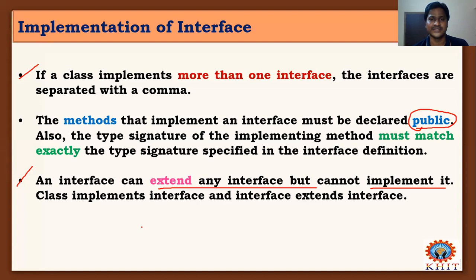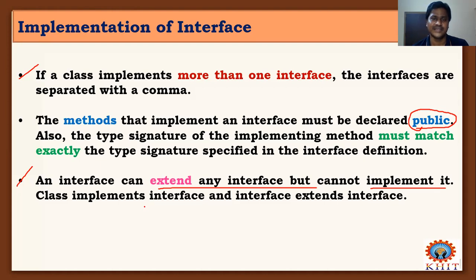Among interfaces also we can achieve inheritance by extending the properties of one interface to another interface, same as in classes. As we know, in inheritance, one class's properties can be extended to another newly created class, right? The same way here, one interface's properties can be extended to another newly created interface.